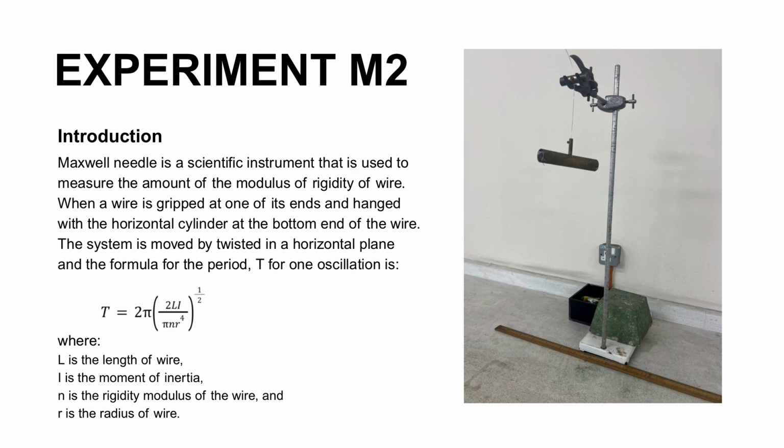This system is moved by twisting in a horizontal plane, and the formula for the period T of one oscillation is T = 2π(2LI/πnr^4)^(1/2), where L is the length of the wire, I is the moment of inertia, n is the rigidity modulus of the wire, and r is the radius of the wire.